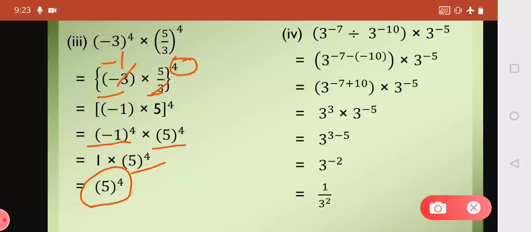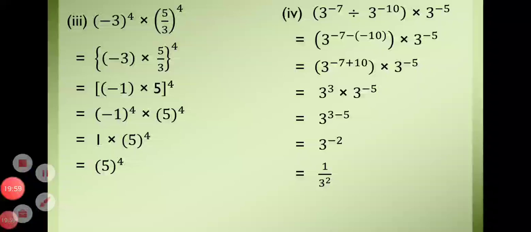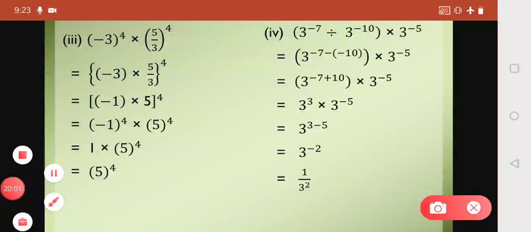Next question number 4. 3^-7 divided by 3^-10, into 3^-5. First, we have to solve the bracket and then we will solve the remaining part of the given question.